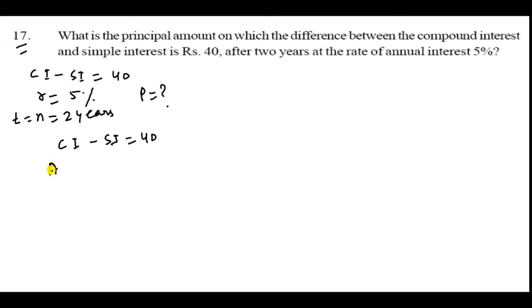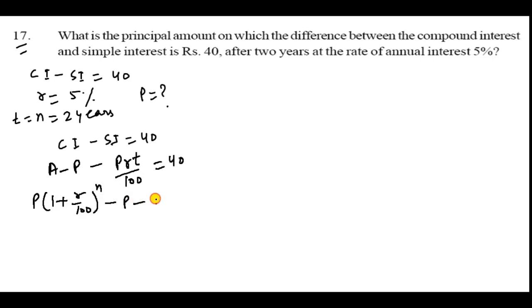So let us start. Given is CI minus SI is equal to 40. So principal we want to find out. The formula of CI is amount minus principal, and SI is PRT upon 100, is equal to 40.